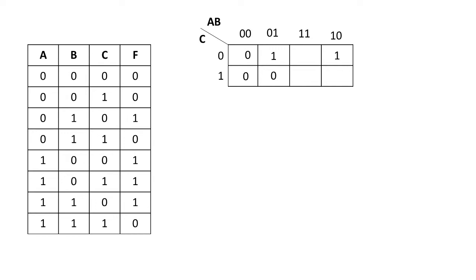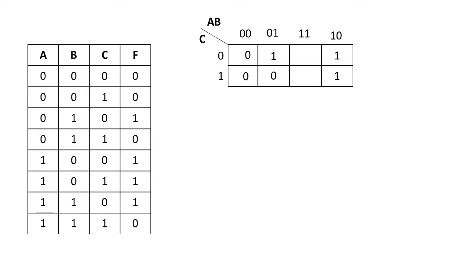Now observe the next row, 101. AB is 10 and C equals 1. The function value 1 has to be put in that position.